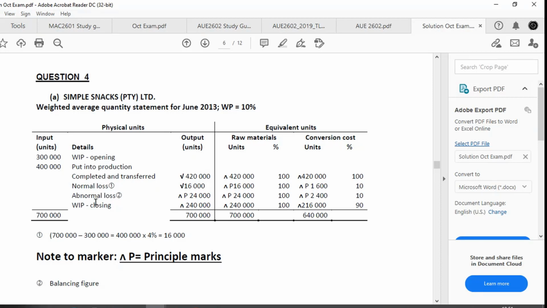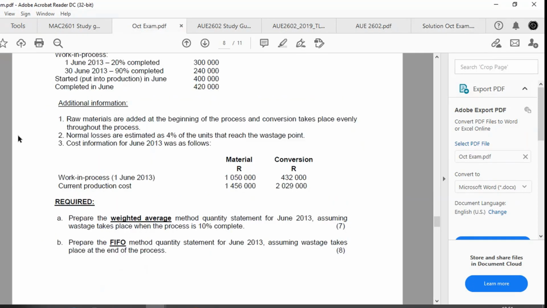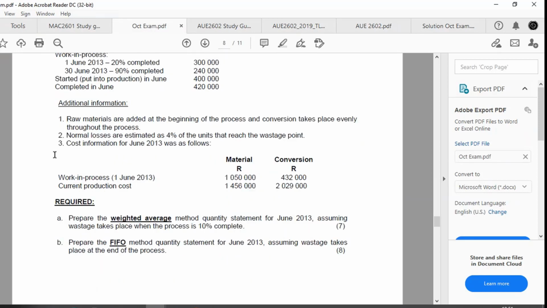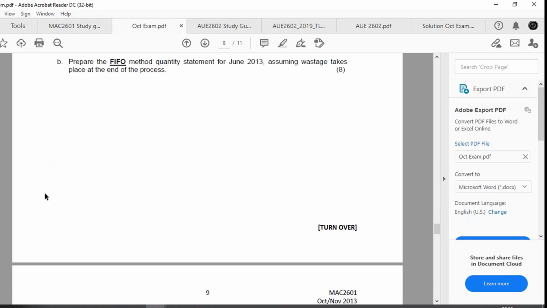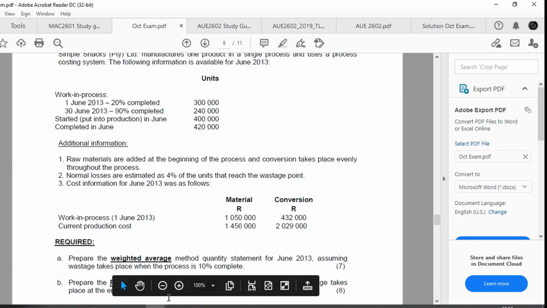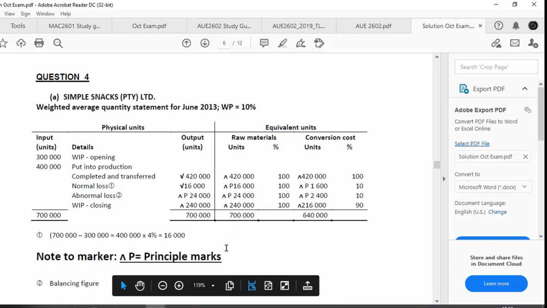But if you go back, they gave us some amounts in rands. So I was confused, like, are they supposed to go in somewhere?